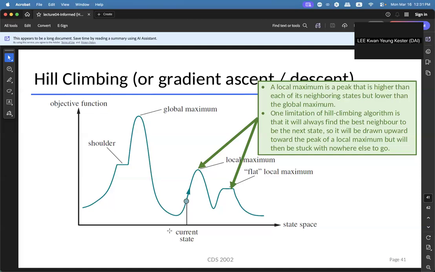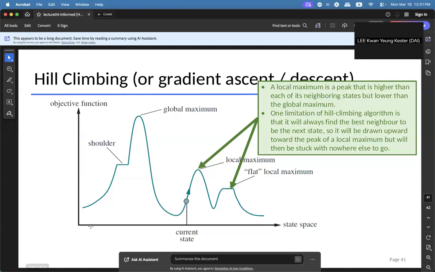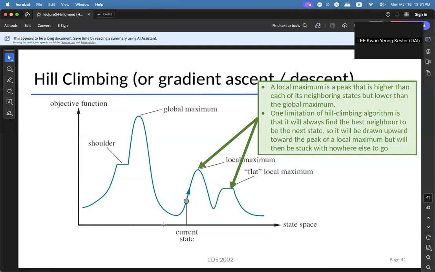So given any point in the state space axis, for example right here, if I want to know the objective function value of this state, I can move upwards touching the chart, and I move horizontally to the objective function axis, and now I get the objective value of that state. Simple chart reading technique.